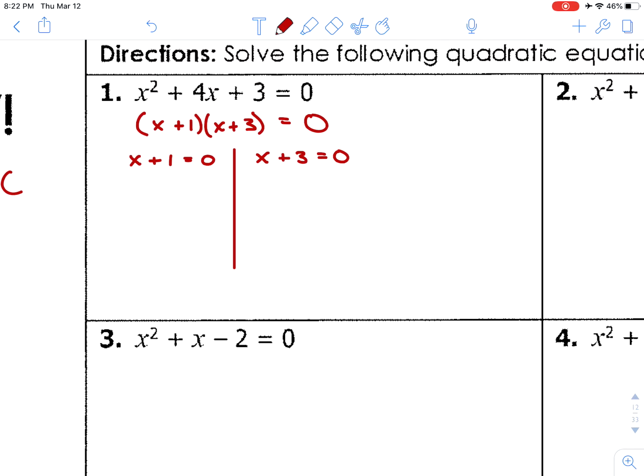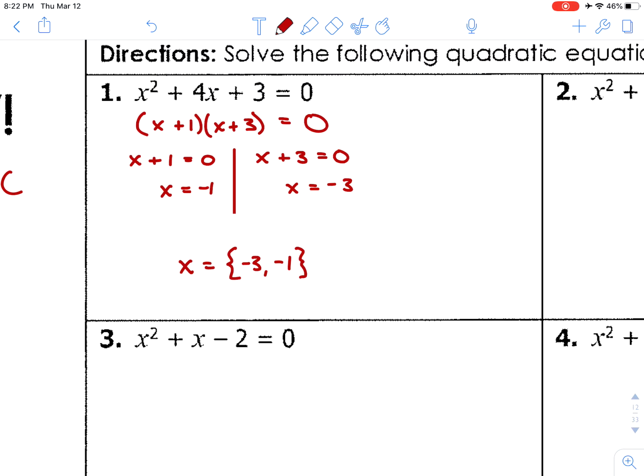It's written as a product of factors equal to 0. The only way it's true is when each of these factors equals 0. And on the left, when I subtract 1, I get x equals negative 1. And on the right, when I subtract 3, I get x equals negative 3. So what we get here is x equals negative 3 and negative 1.